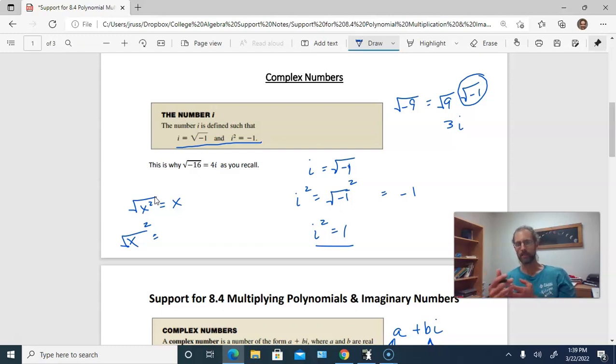You may remember from class, when you square a square root, those are inverse operations, so they basically cancel each other out, and you end up with just whatever's underneath. So when you square the square root of x, you get just x. And that's what's going on right here. When we say i squared, we know that i is the square root of negative 1. And if we square that, we're squaring a square root, and so we get just the radicand, or whatever's underneath it. So that's why this should be negative 1.